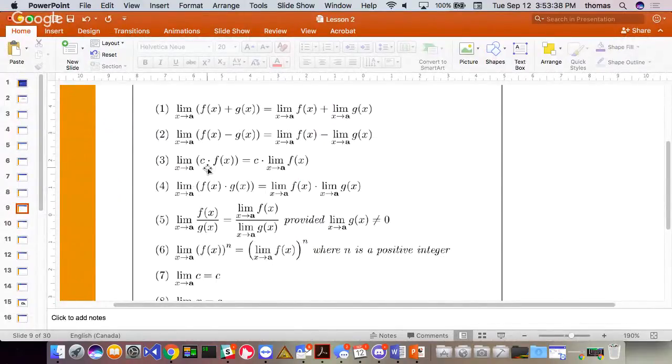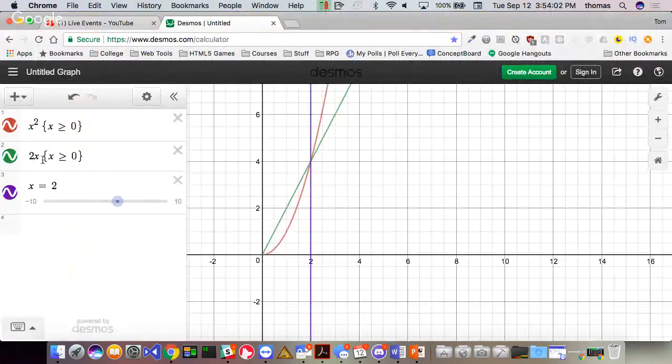You have a constant multiplied by a function. What you can do is take that constant out and move it in front of the limit. So for example, if I had a constant 2 and I wanted 2 times the limit as x approaches some value of x, it's exactly the same thing we just saw with our 2x function, because I can separate it out.